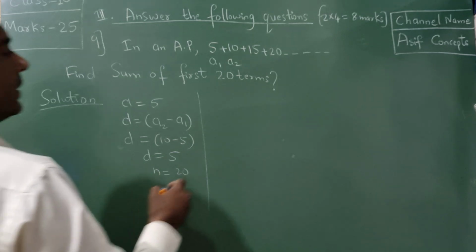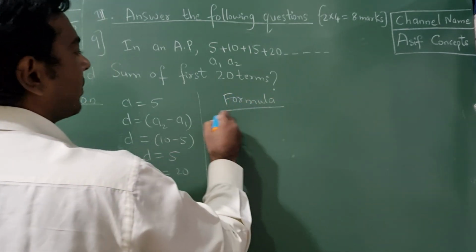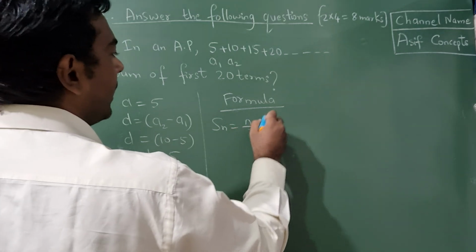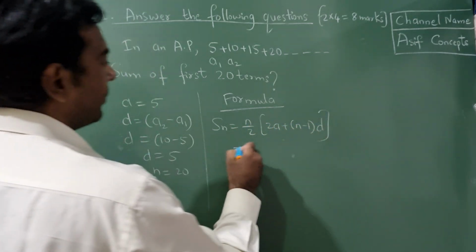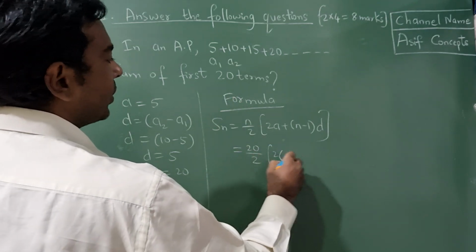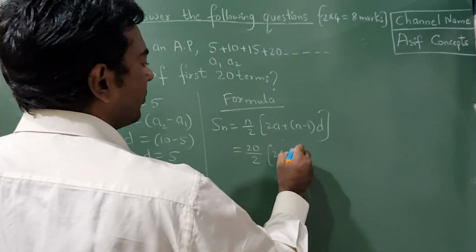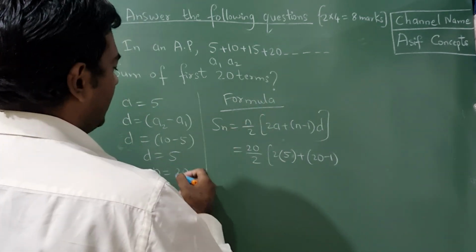Since they have asked find the sum, so the formula is Sn is equal to n upon 2 times 2a plus n minus 1 d. N is 20, so 20 by 2. 2, a value is 5 and 20 minus 1, d value is 5.